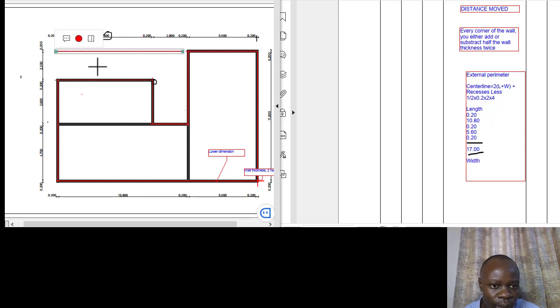Or we can rather use the pencil here, so that you have dotted lines giving you the full view of what you need.